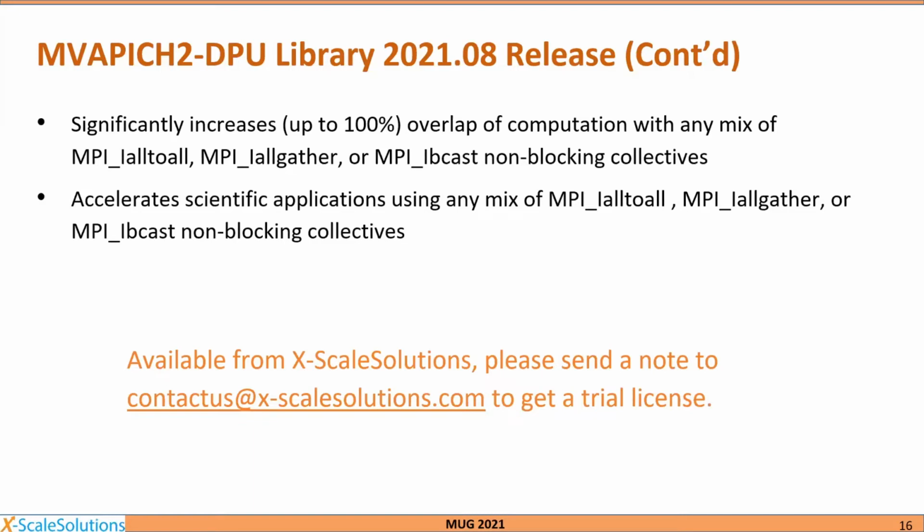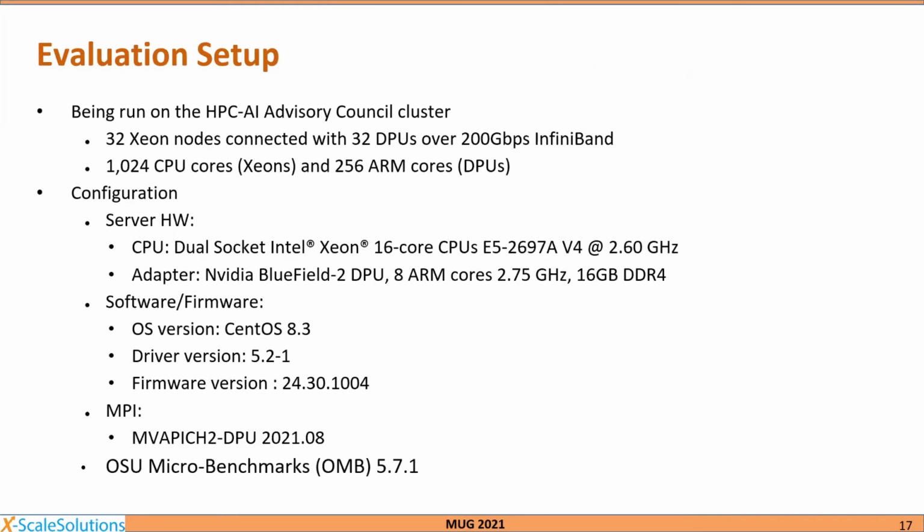This release is available from our company. If you are interested, please contact us for a trial license. In the next few slides, I will show some of the evaluation performance and the capability as well as the benefit it brings.